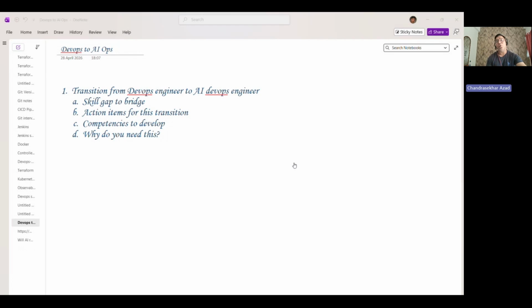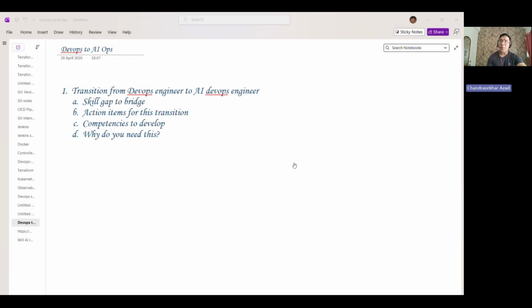You need to understand how to use some of the very important commonly used AI tools at this point of time. Some of the examples are GitHub Copilot. Basically, whenever you talk about shifting your career from DevOps engineer to AI DevOps engineer or AI Ops engineer, we talk about shift of role from manual configuration, which we did till now, to more intelligent configuration, the configuration which can self-heal, which can produce self-healing systems.